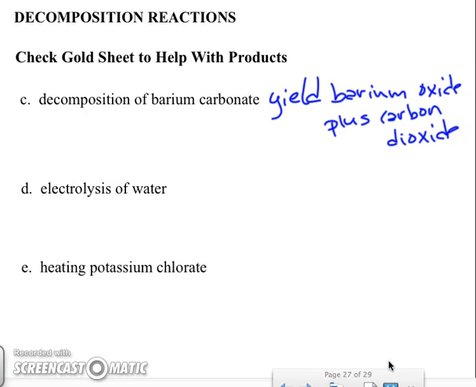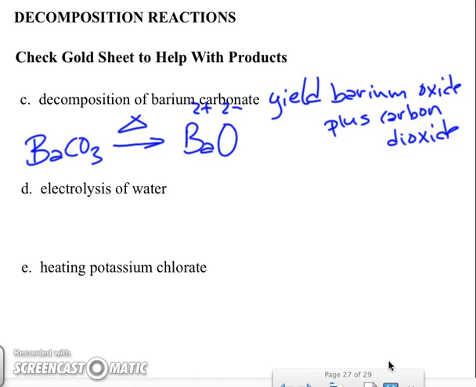It would be a solid, as most ionic compounds are. We would have to add heat, and that would form a metallic oxide, barium oxide, 2 plus, 2 minus, match made in heaven, plus carbon dioxide gas.